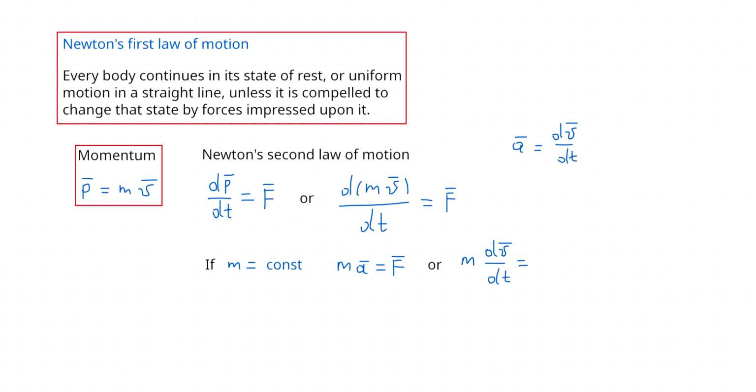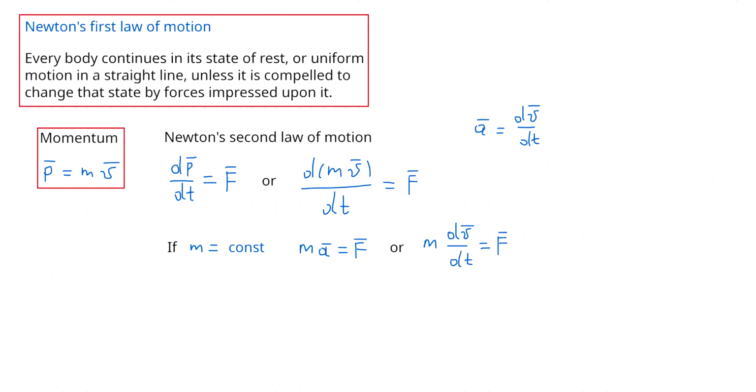Or what is the same, if we remember that v is equal to the derivative of the radius vector, we can say that it will be m times the second derivative of r by dt squared.